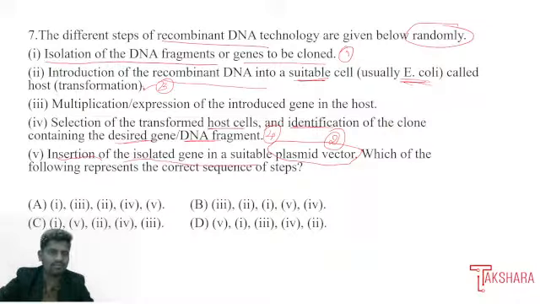And the last step will be multiplication of the gene and expression of the introduced gene within the host. So according to the rDNA technology steps, option A will be the correct one. Checking one by one, the first one will be one, then the fourth one, and the fifth one, like second, fourth and third, is what is given. So option C will be the correct one for question number 7.